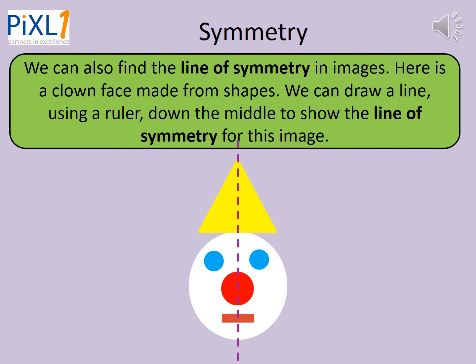We can look at the different shapes as well. So there's a triangle for a hat. We know from the previous slides that a line of symmetry would come down the centre. So there might be images in your home that would have a line of symmetry in them. Have a look around to see if you can find any.